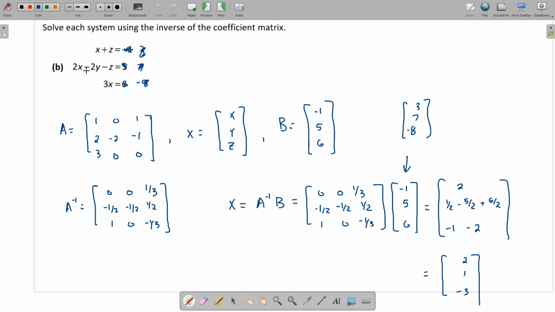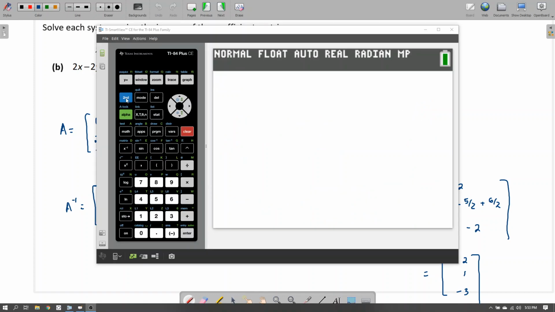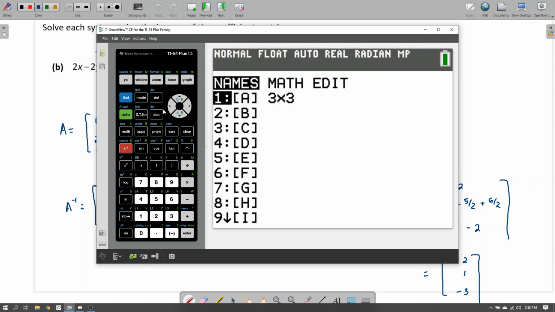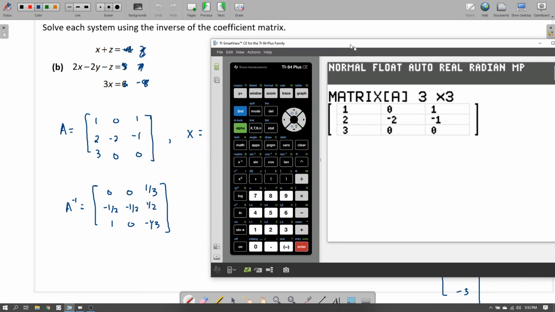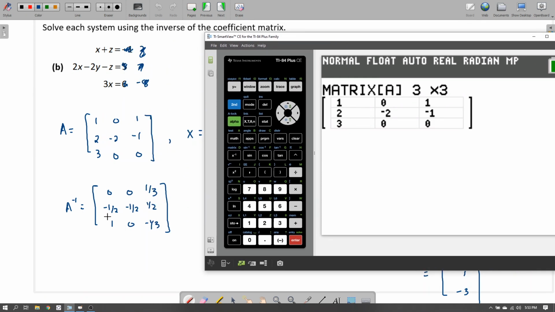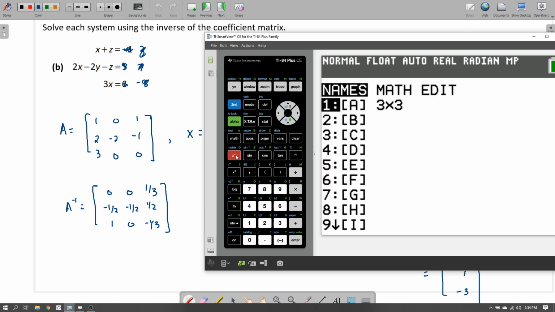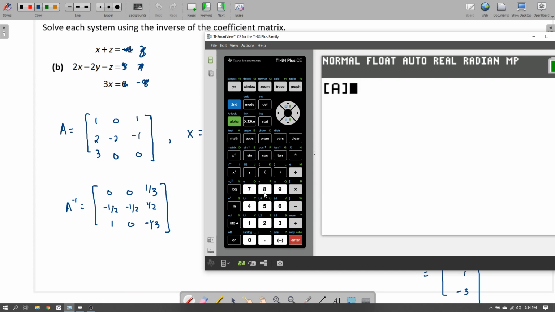Before you go, I did want to show you that your calculator can do this as well. Okay, so you can enter your matrix in any method that you like. So I've just stored the matrix as A. This is the exact same coefficient matrix, I believe, that you see right here. So to find the inverse of it, we need to recall the matrix. So just go back to second matrix, hit enter on it, and then it's as easy as just using the reciprocal button.